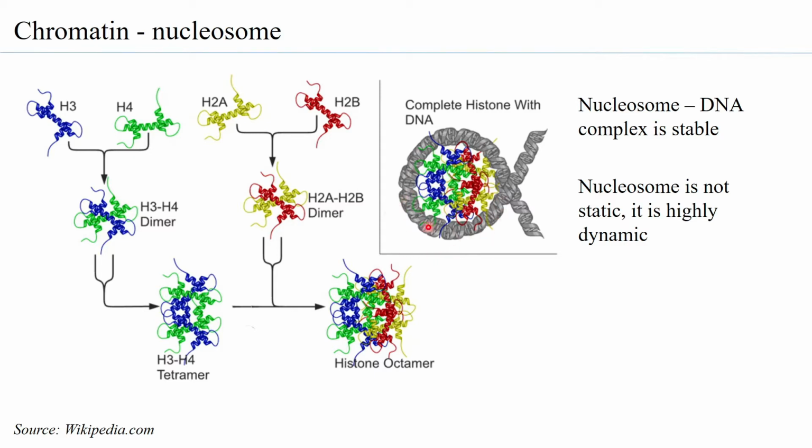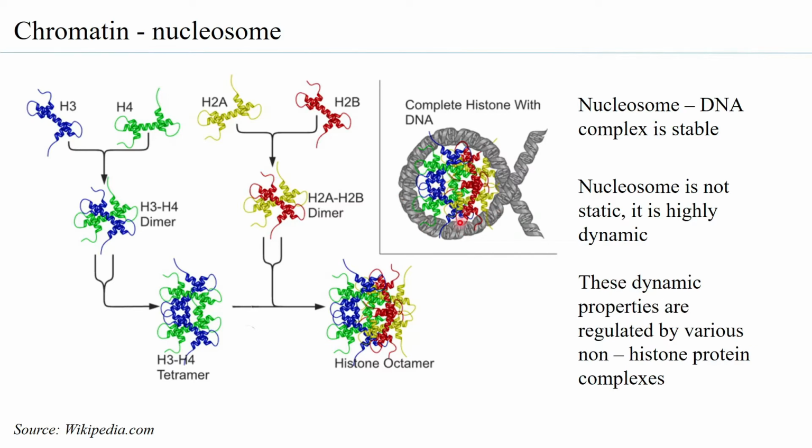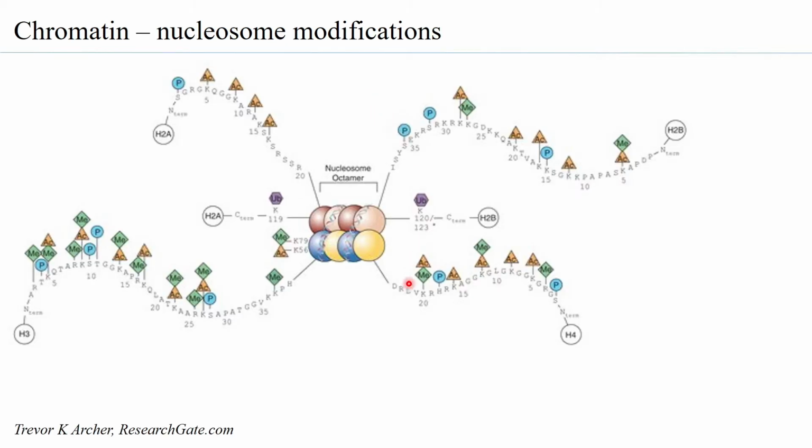Proteins that are able to carry out these modifications are what are termed nucleosome modifiers, and they are generally non-histone protein complexes. Now, let us look at nucleosome modifications in brief, and how they happen.